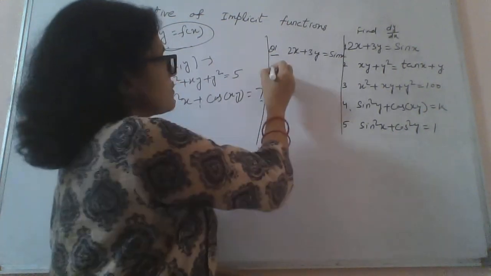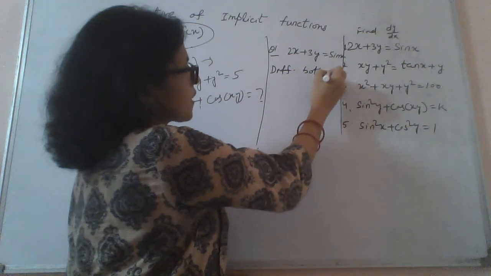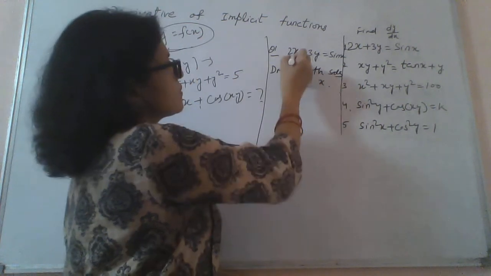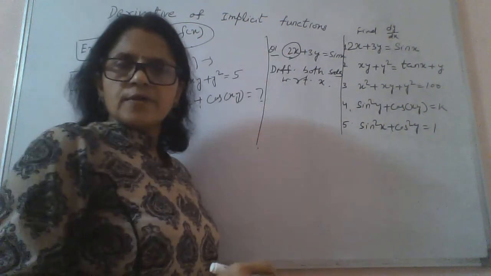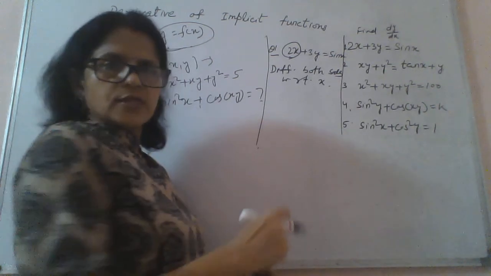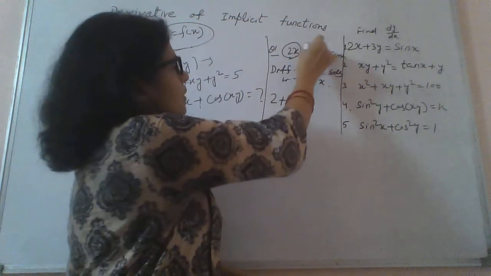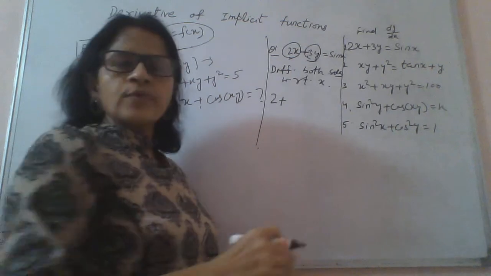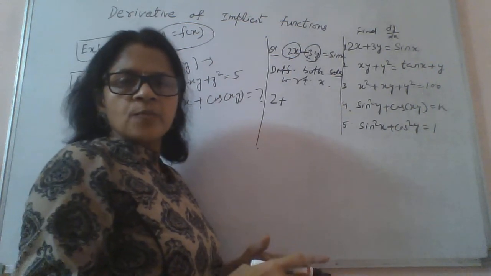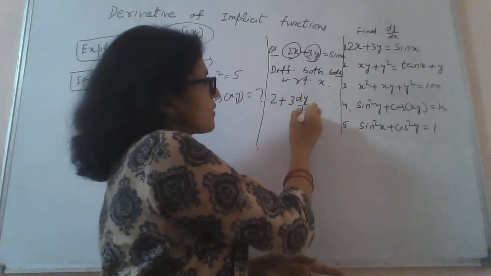In that case, differentiating both sides with respect to x. The derivative of 2x with respect to x is 2, plus 3y: differentiating 3y with respect to x means 3 times d by dx of y, so it is 3 into dy by dx.